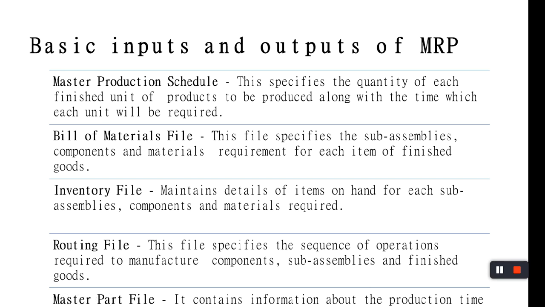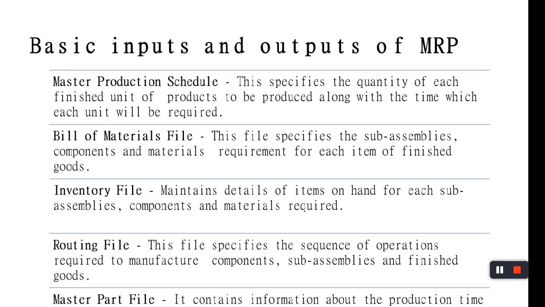So for example, we have lots and lots of orders. So we need to specify in our master production schedule. You can imagine, it's a paper, and then it will show us how many finished goods should we produce at a specific point in time. So for example, week 1, how many units should we produce based on the demand from our customers? How many finished units should we produce?